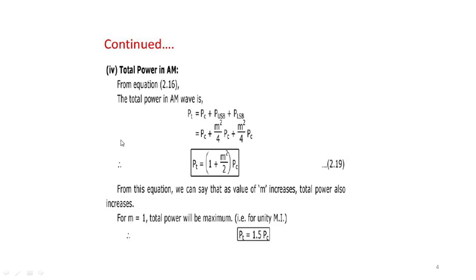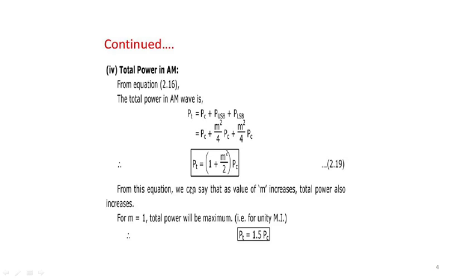Taking the carrier power common, the remaining terms are 1 plus m square by 4 plus m square by 4. But m square by 4 plus m square by 4 becomes m square by 2. So this equation becomes PT equal to (1 plus m square by 2) PC.